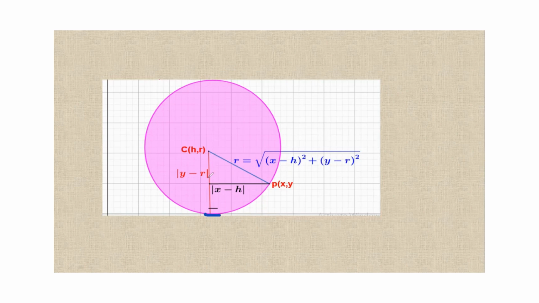Using the Pythagoras theorem or the distance formula, r equals the square root of (x minus h) squared plus (y minus r) squared. If you square both sides, r squared equals (x minus h) squared plus (y minus r) squared. This is the equation of a circle when the x-axis is tangent to the circle.